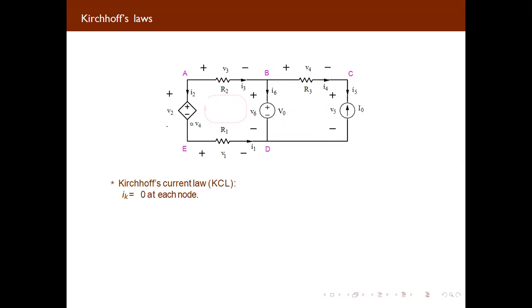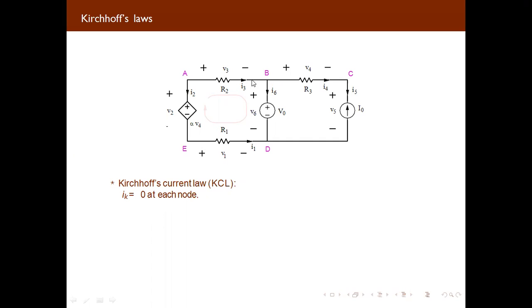Here, if we say Kirchhoff current law in another way, Kirchhoff current law states that the algebraic summation of the currents at any node will be zero. So we are saying that the current, as per Kirchhoff current law, will be zero at each node. If we are taking the algebraic summation, how will you take?